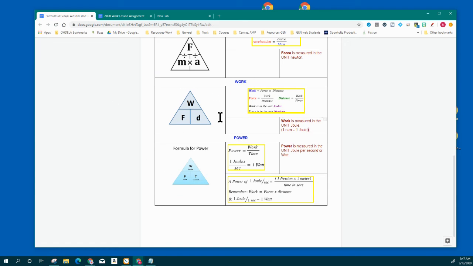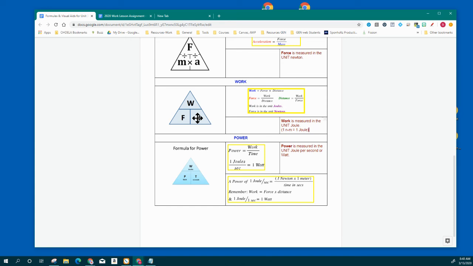If we look at this triangle, this is how you use the triangle. If you cover up D with your finger, your hand, two fingers, your index, your thumb, however you want to do that, what do you have remaining? Well, you have W over F, like a fraction or a ratio. So that means you can solve for distance. Distance equals work divided by force.